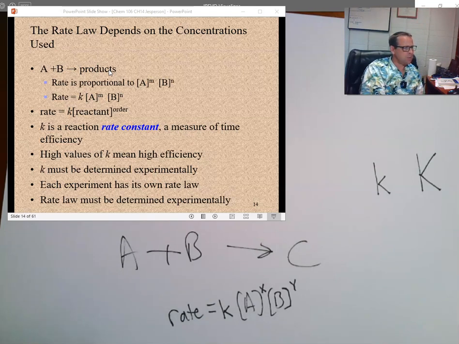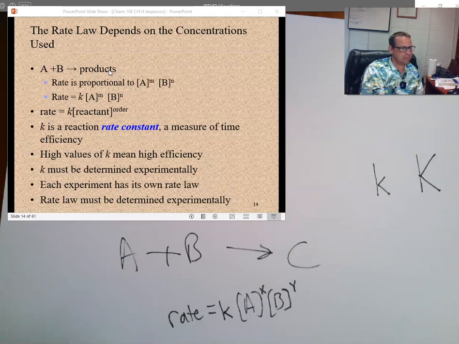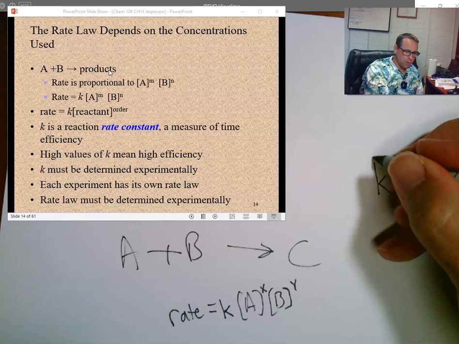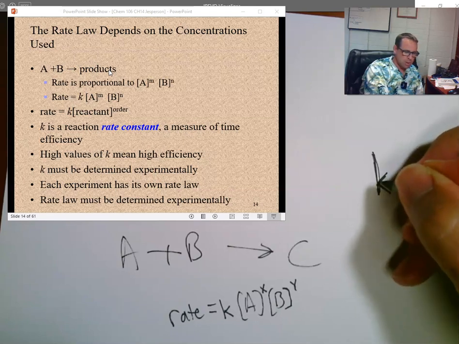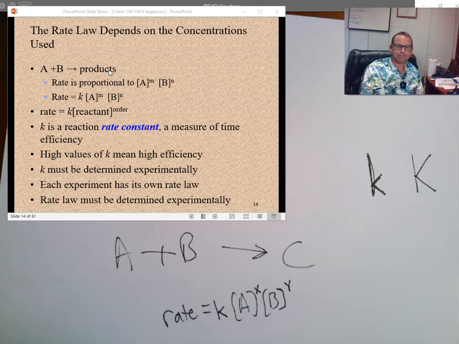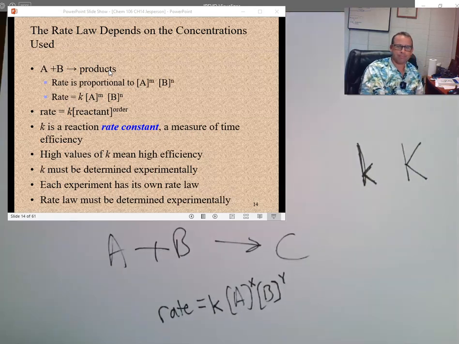Jace, can you tell me the difference between those Ks? Like, they represent different things? They do, but what's the difference between these two Ks in terms of the way they look? One's a lowercase, one's an uppercase.